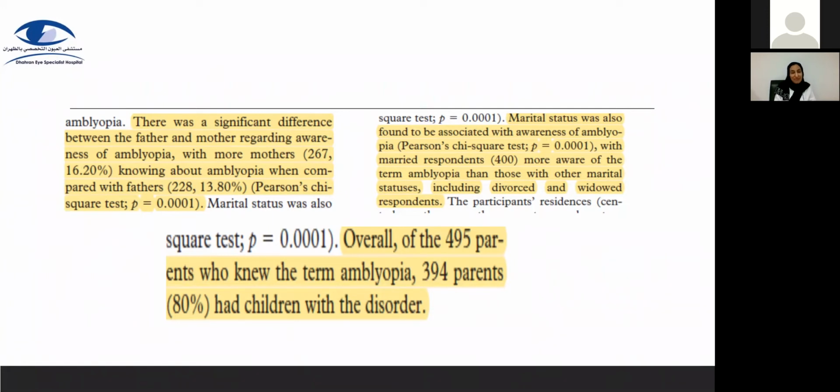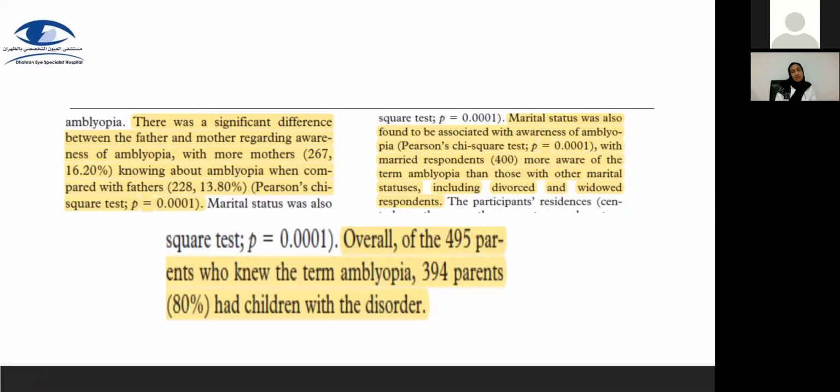That does not mean that fathers are not keen about their children. Usually, the majority in our society, the mothers are the ones who are taking care of the kids. So the best situation is to have both parents in the clinic with me.